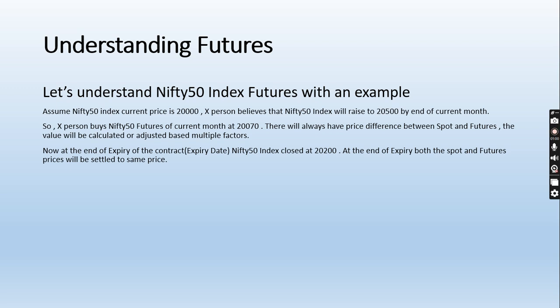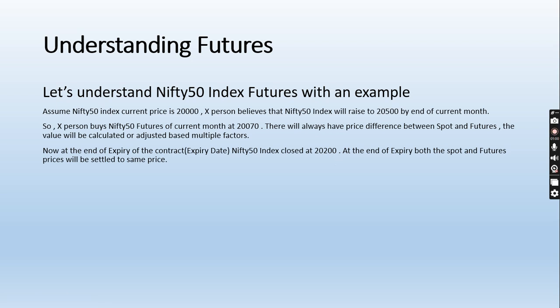In case the Thursday is a trading holiday, the expiry will be moved one day earlier to Wednesday, so 24th July would be the expiry day. At the time of expiry, the spot price has made a move of 200 rupees.